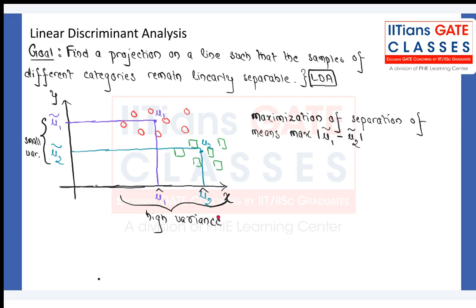But we also want to project the points on that line which has smaller variance. So maximization of separation of means does not consider the variance of the classes. It's obvious, right?